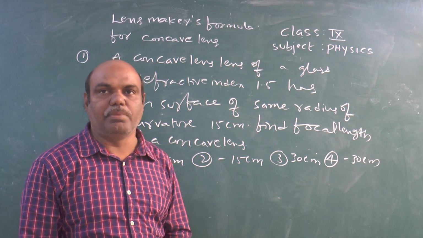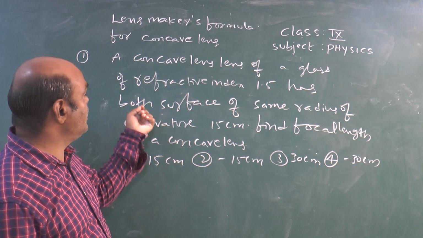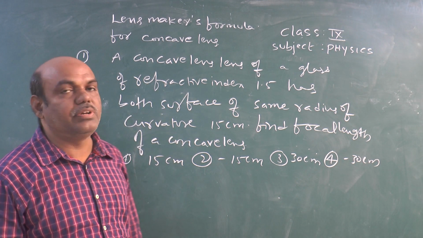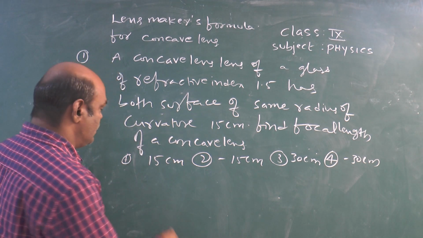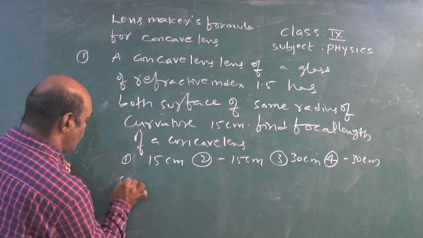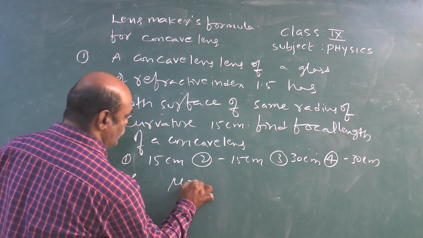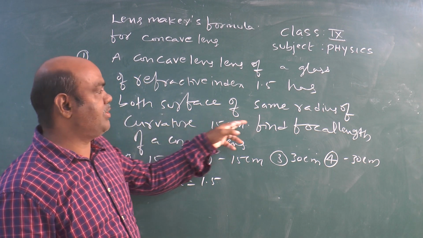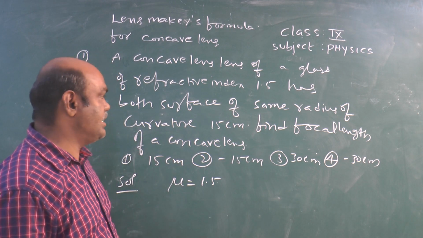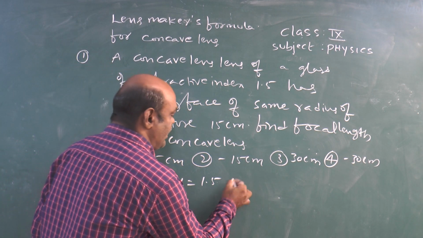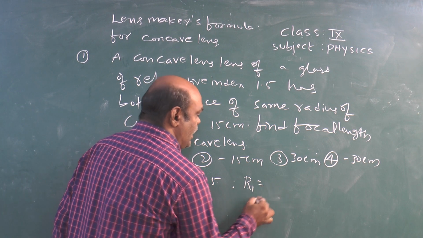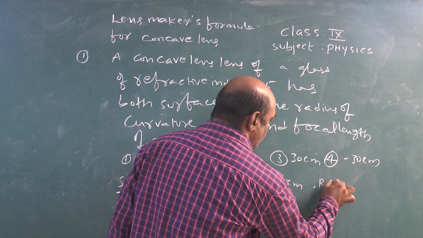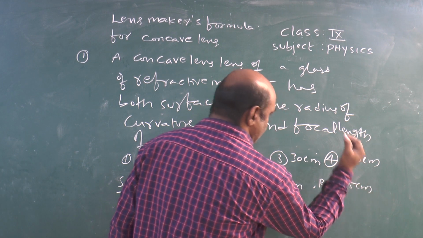So in this problem, a concave lens of glass of refractive index 1.5, the mu value is given, mu equal to 1.5. Both surfaces have the same radius of curvature, so R1 is 15 centimeter and R2 is also 15 centimeter.